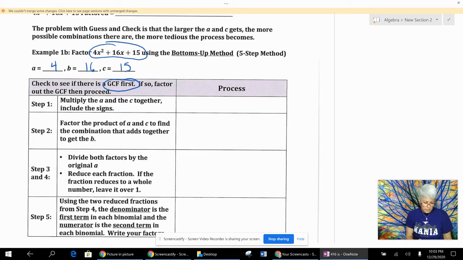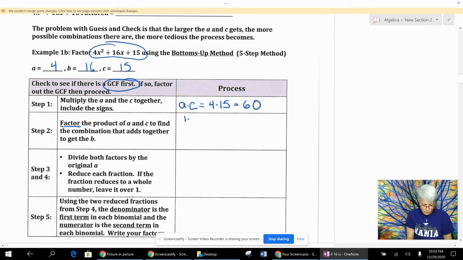So let's see. We're going to multiply a times c, which is 4 times 15, which is 60. All right, now we're going to factor that 60. So there's probably a whole lot of things to factor out of here.